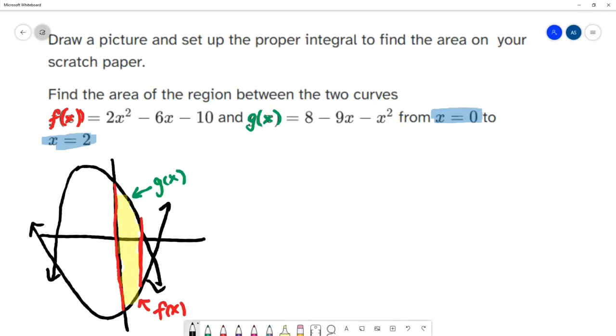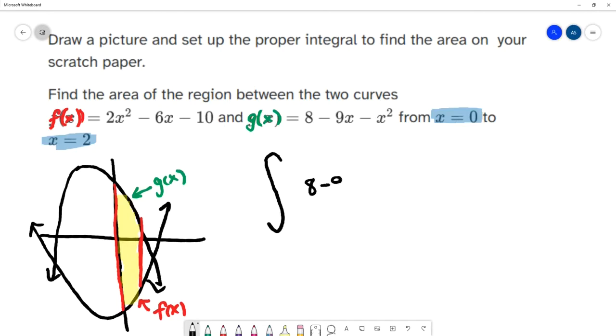So when we set up our integral, we want to set it up with our top curve minus the bottom curve. And we saw that the parabola that's facing down is our top curve, the one that's higher up.